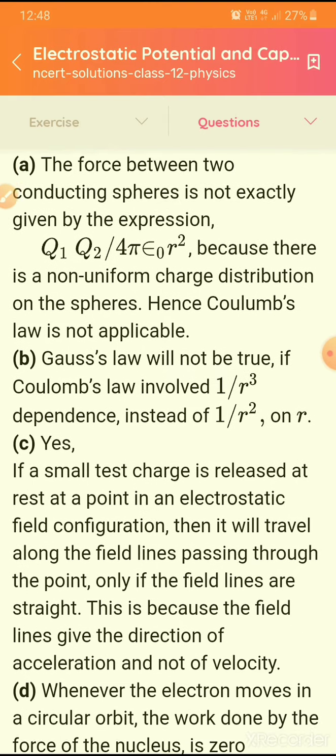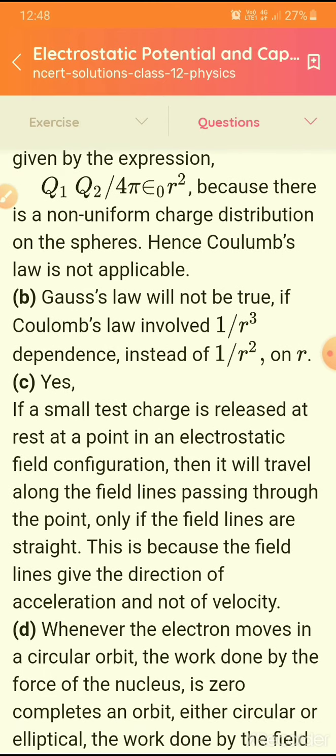So for the third one, yes, if a small charge is released at a point in an electrostatic field configuration, it will travel along the field lines passing through the point only if the field lines are straight.